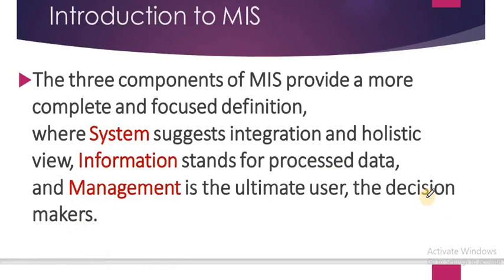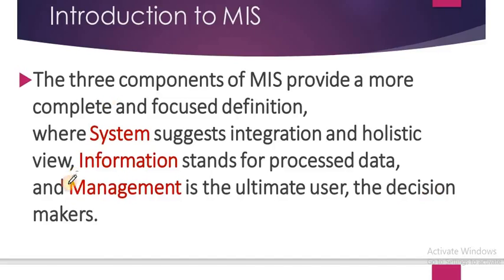There are 3 components of MIS. There are how many components? 3 components of MIS provide a more complete and concise definition. There are 3 words we are using here. The first one is the system, information, and management. Are we together?